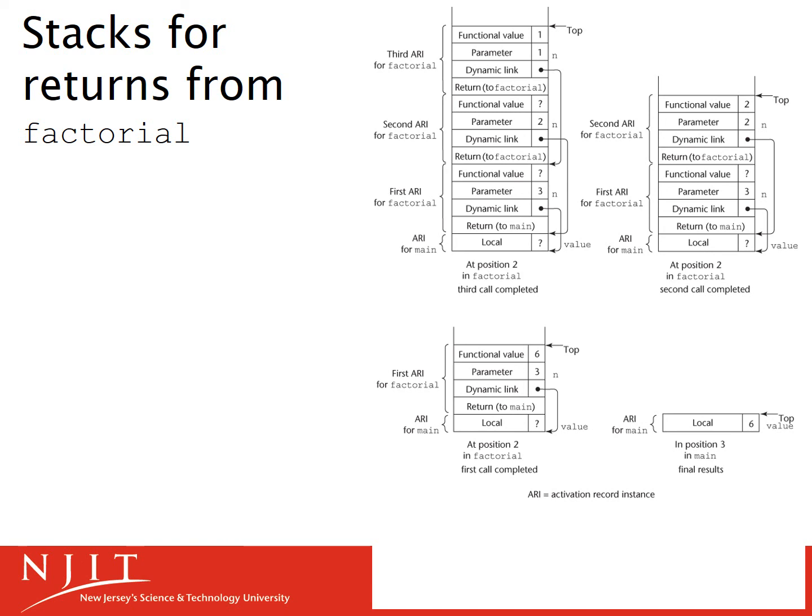And then in the next instance, that returned value is used to do some multiplication, and there's a new functional value. Then that value is returned, and that returned value is used in another calculation to generate a new functional value. So you can see, eventually, we determine that 3 factorial is 6. Now, 3 times 2 times 1 is 6.